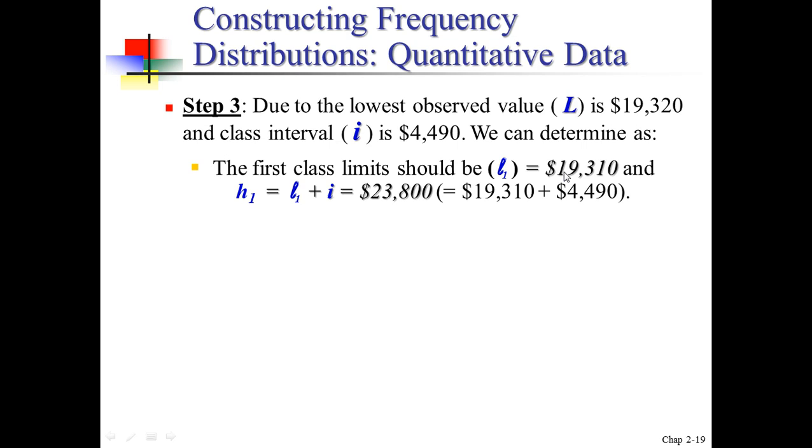That's why try to get a number with 0 or 5 at the end. That's why I take here 19,310, but some of you may take 19,315, or 19,300. You can take any number, maybe a little bit closer, 19,315. I expect that some of you can do it your own way and then compare with my result here.